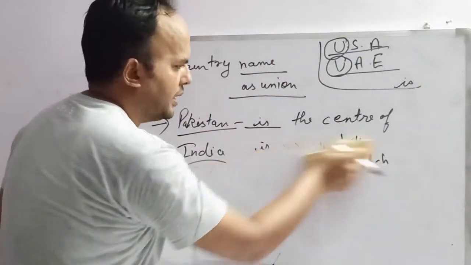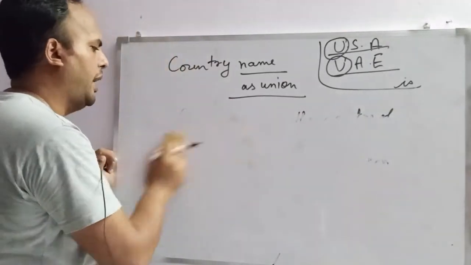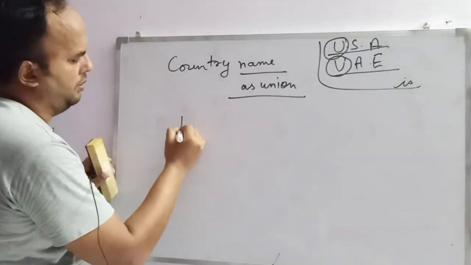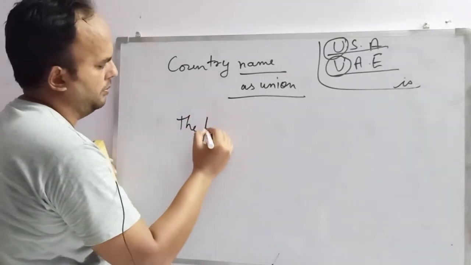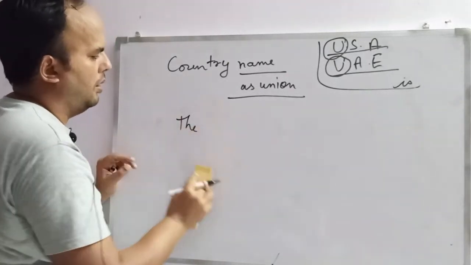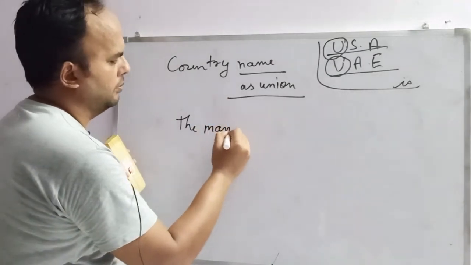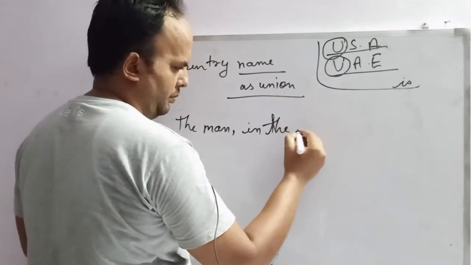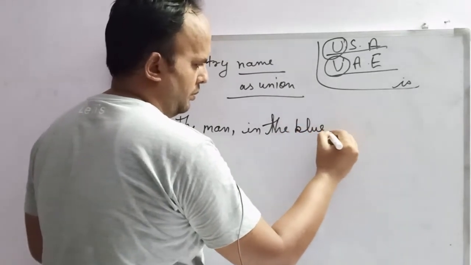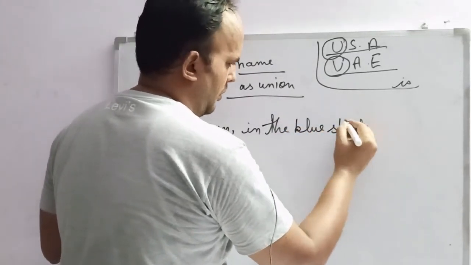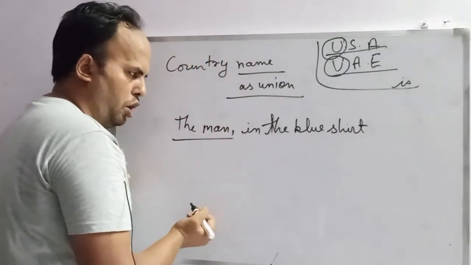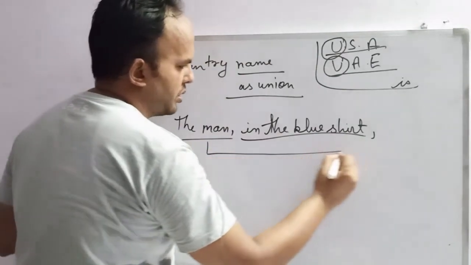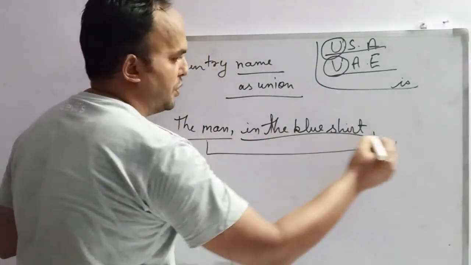Now, at the last I want to add one thing. If in a sentence you use a comma before a group of words, we are going to use the verb according to the subject.